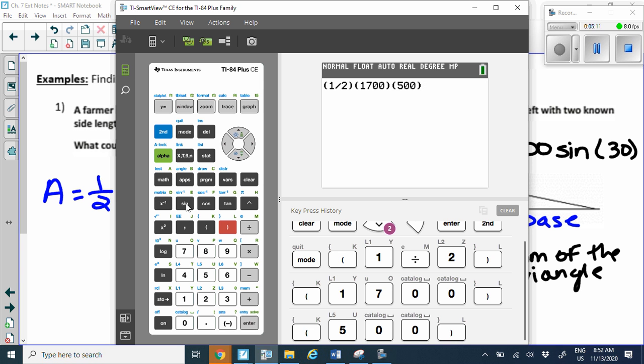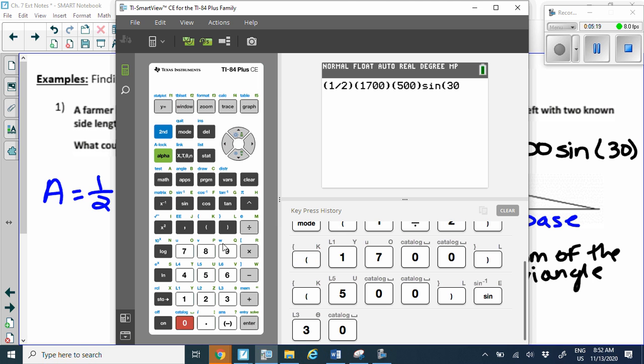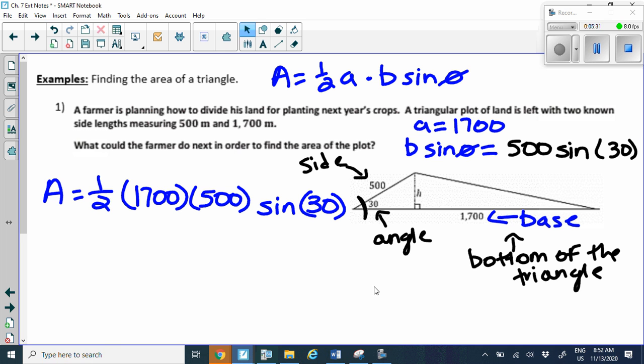And I'm going to go back to why we're going to use sine. So make sure, remember, sine is right here. We press sine, and then we put 30, and then we close the parentheses and press enter. And so this will be our final answer. So 212,500.